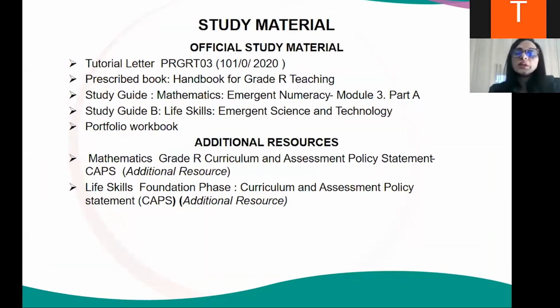Next is your study material. Now, at UNISA, we follow a blended approach to learning, which means that you will receive hard copies or print copies of your official study material, as well as you will find your official study material in the My UNISA platform.